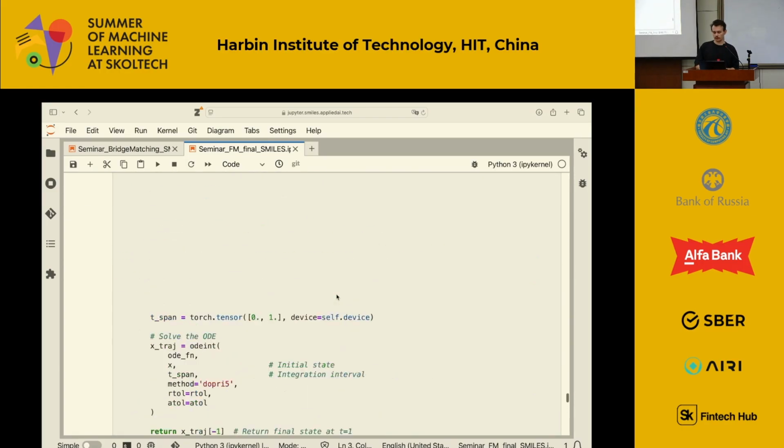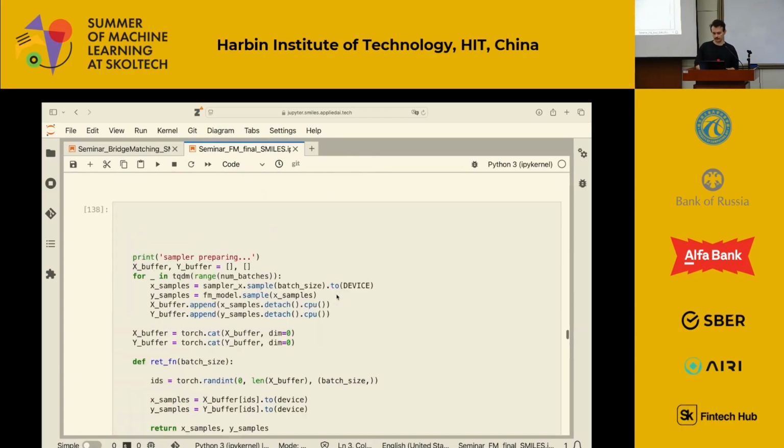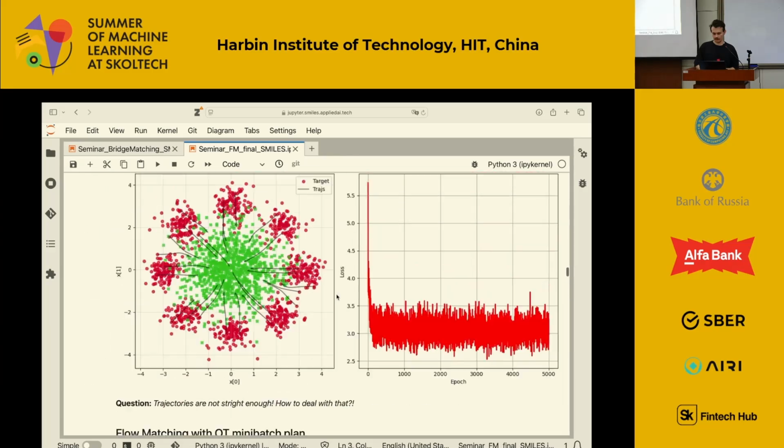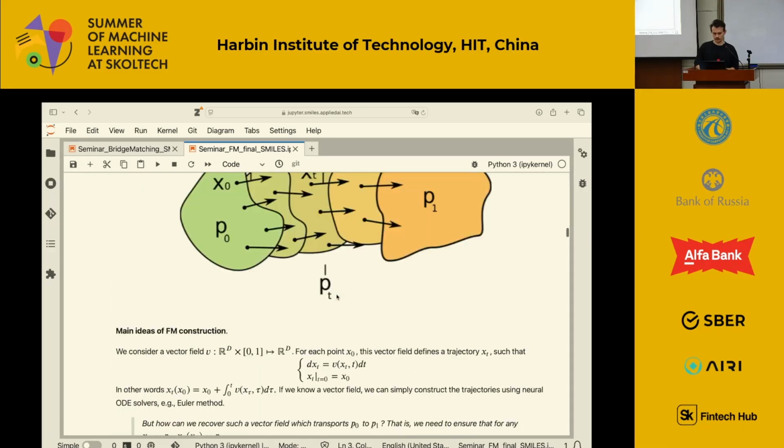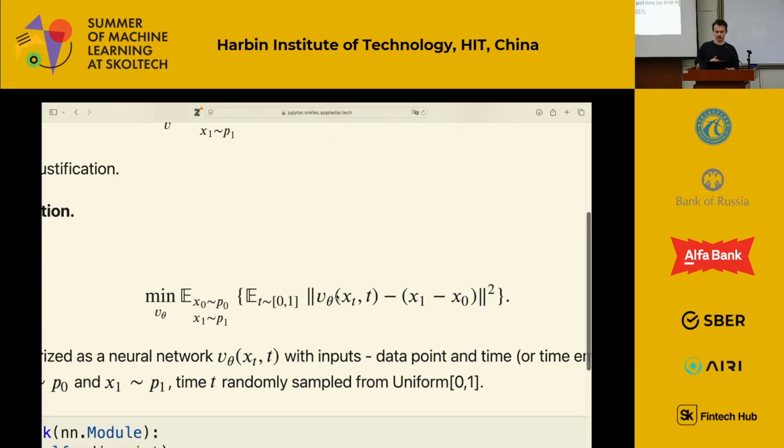Let's take a look at the velocity. So imagine you have some intersecting trajectories. It means that for some xt, you would have two corresponding x1s, and it would give additional variance to this loss. While if your trajectories do not intersect and you have one xt and one x1, then you would have lower variance.